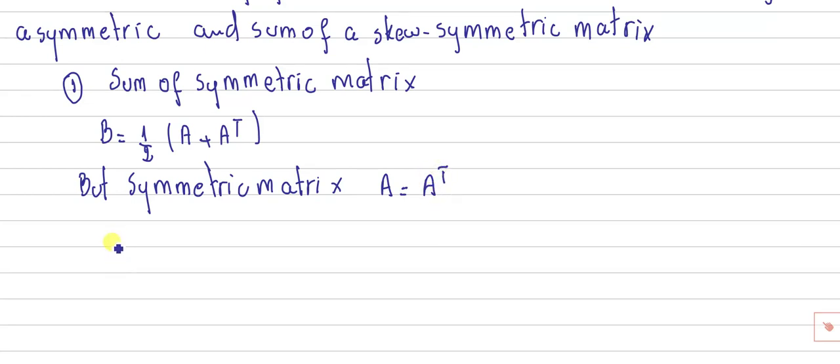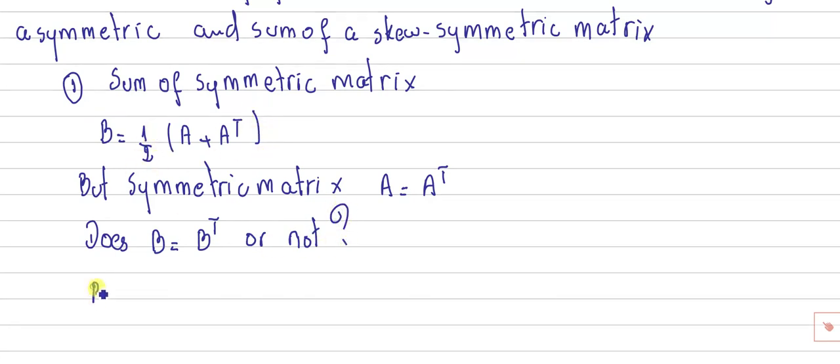So we can ask, does B equal to B transpose or not? Now we have B already.